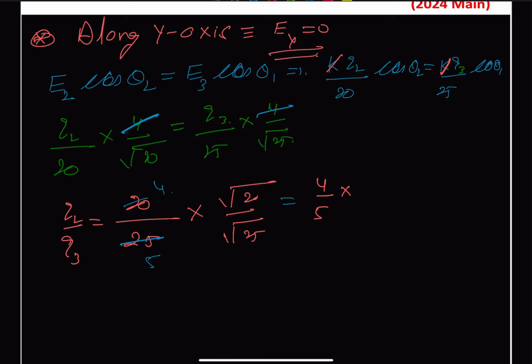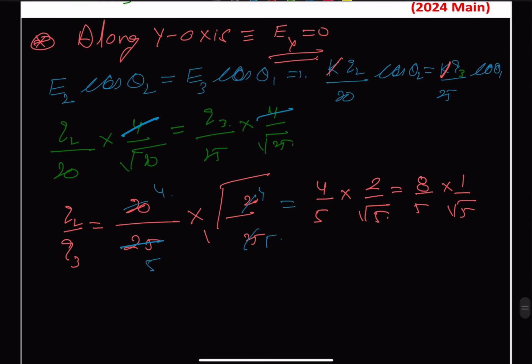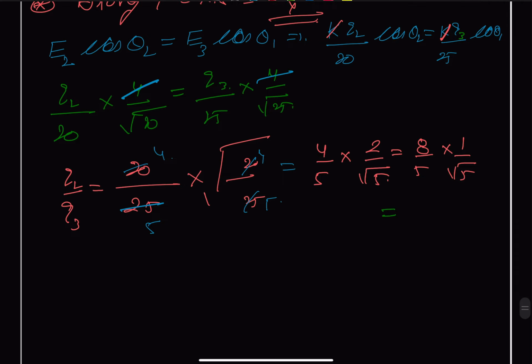Let me write the common square root, much easier. Common square root, and this also we can just cancel out. This becomes 4 and this becomes 5, and square root of 4 will be coming as 2 and this comes as square root of 5, which gives us 8 upon 5 into 1 upon square root of 5, and we are given it is 8 upon 5 into 1 upon square root of x, which we need to find out.